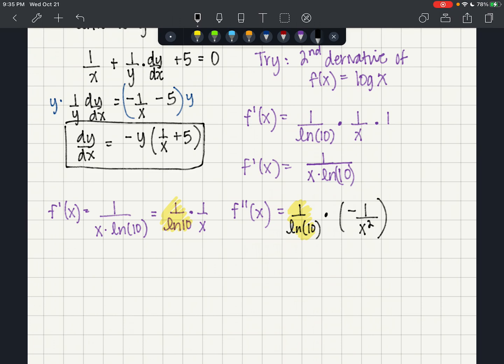Now that's not even our logarithms or our exponential derivative, so that second derivative is actually old stuff. So we're going to have negative 1 over x squared times the natural log of 10. That's our second derivative. And I'll box that.